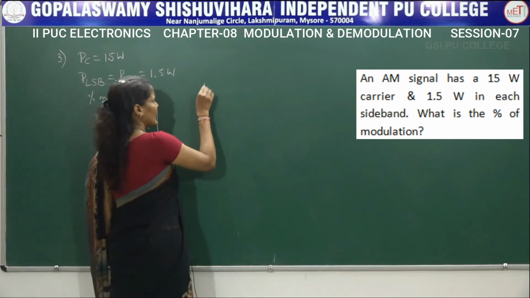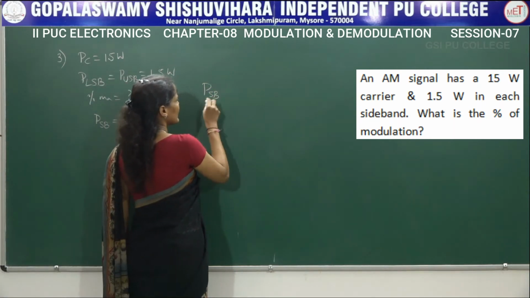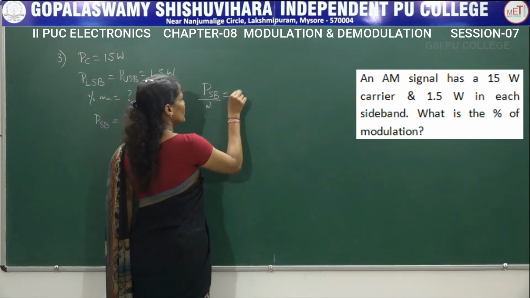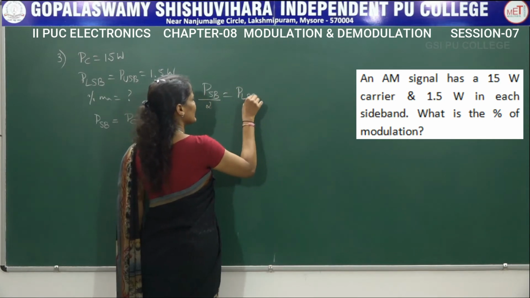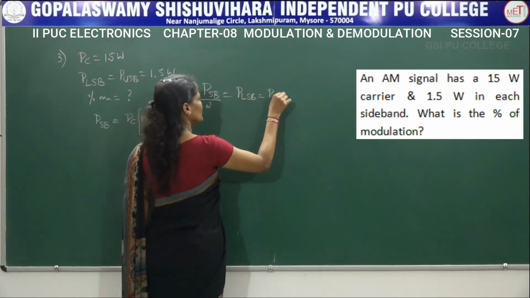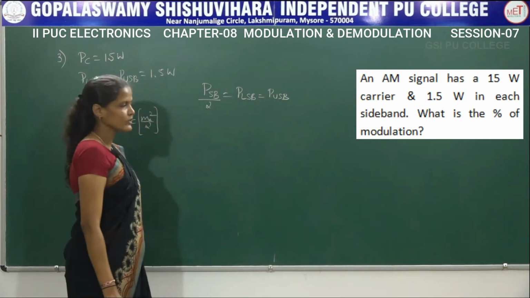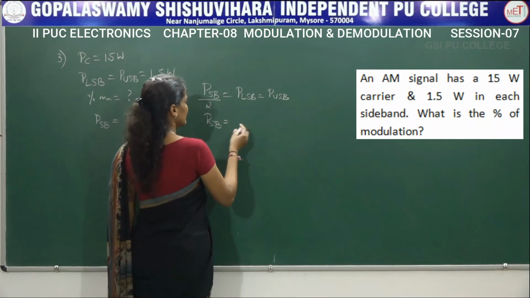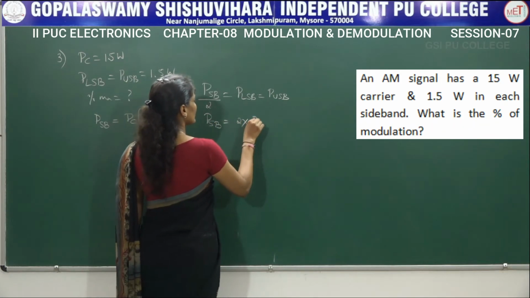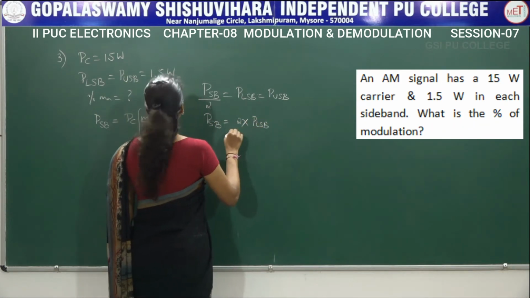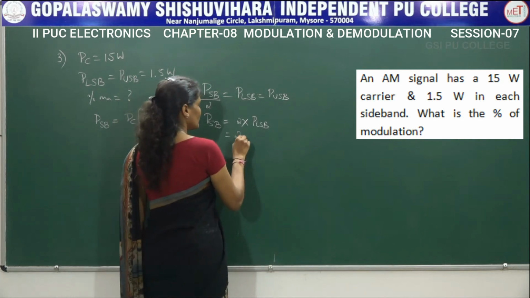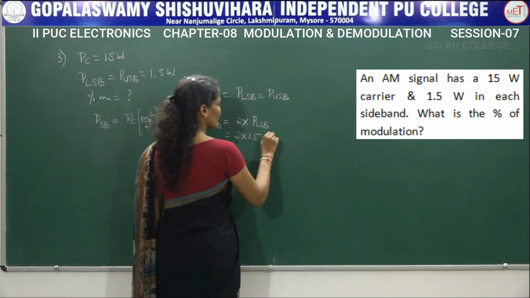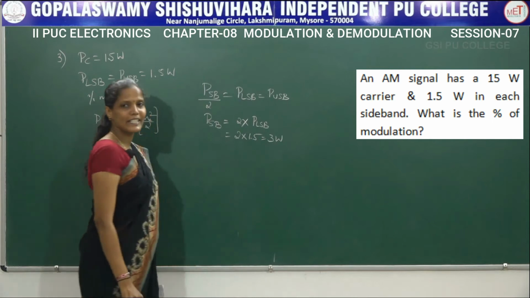I already told you that PSB divided by 2 will be equal to PLSB and PUSB. So PSB is 2 times PLSB or 2 times PUSB, which is 2 into 1.5, equal to 3 watts.